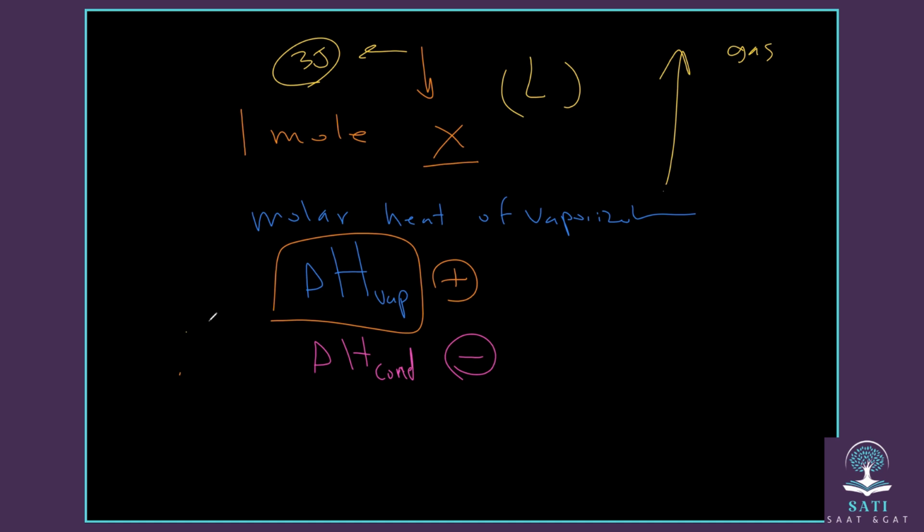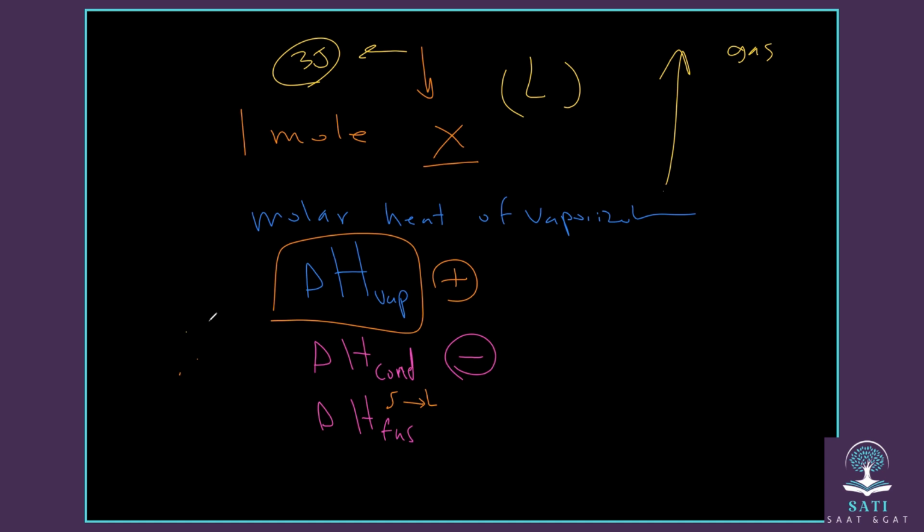Okay, you have other ones, by the way, same idea. If we have fusion or melting, which is molar heat of fusion or of melting, its definition is to change from what to what? Melting or fusion is to change from solid to liquid. When I change from solid to liquid, will this system need heat or give out heat?